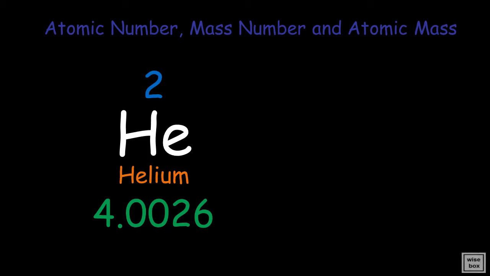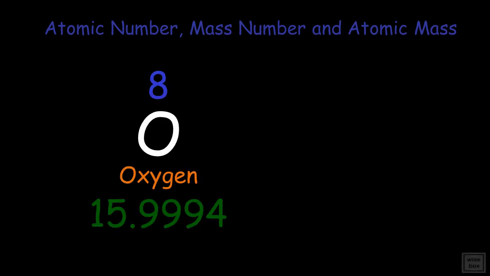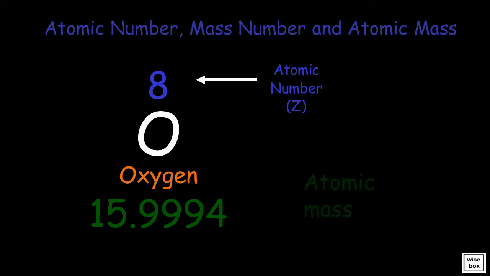The element helium, with atomic number 2 and with atomic mass of 4.0026. The element oxygen, with atomic number 8 and with atomic mass of 15.9994.